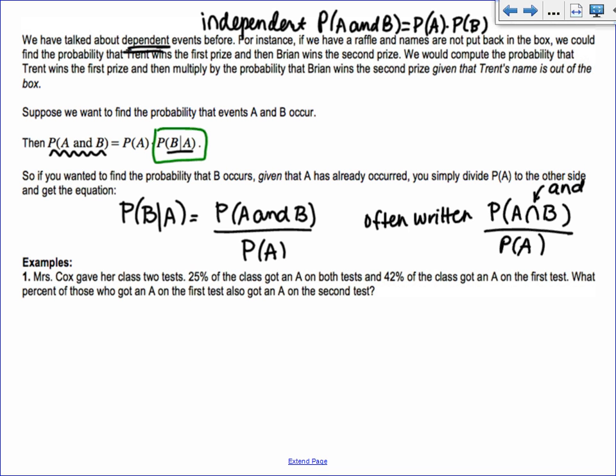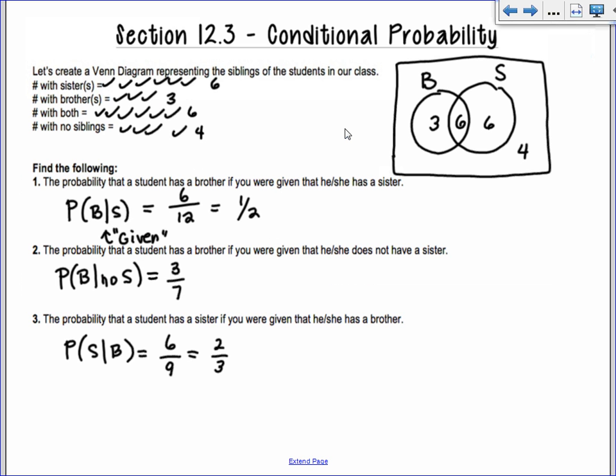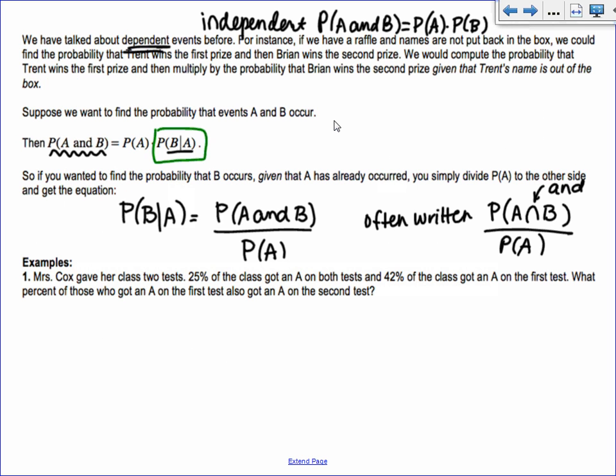Think about what it means with a Venn diagram. Intersect means where the two circles intersect. That's the probability of B and S, in the middle. Does that make sense? Having a brother and a sister is what's in the middle. A intersect B is the same as A and B.